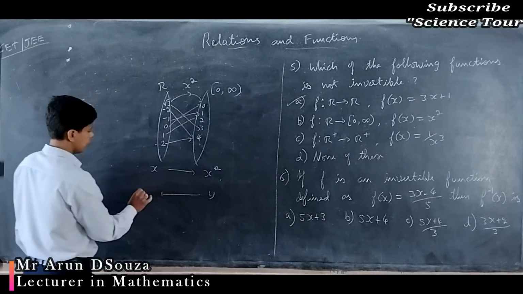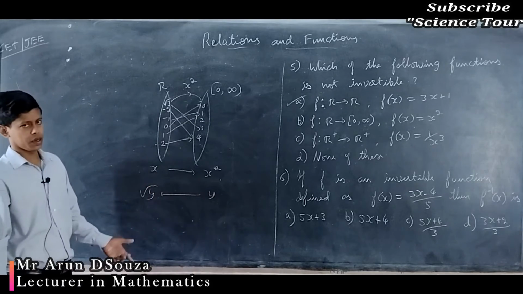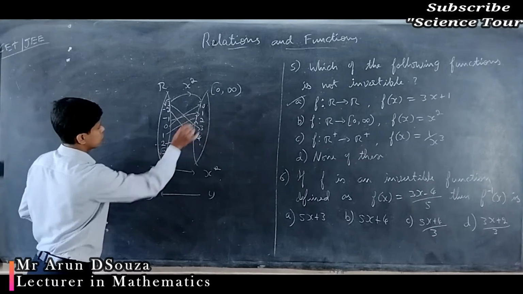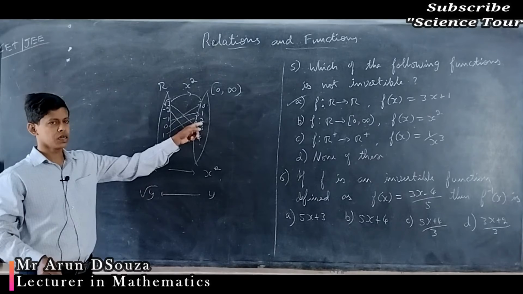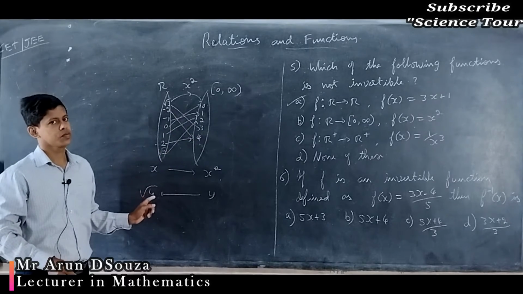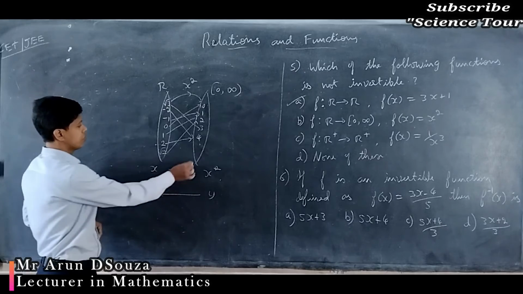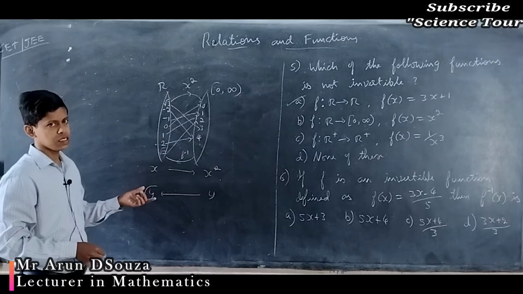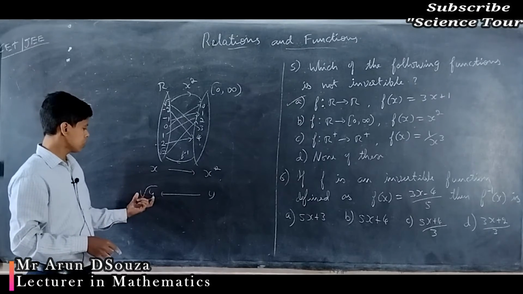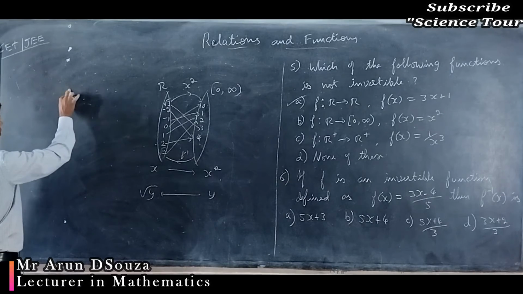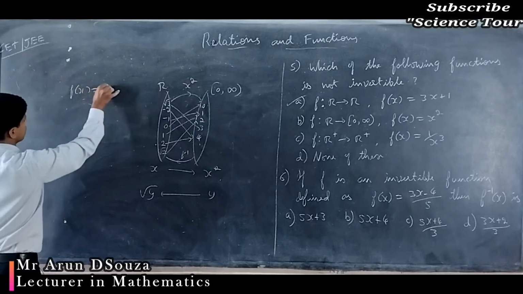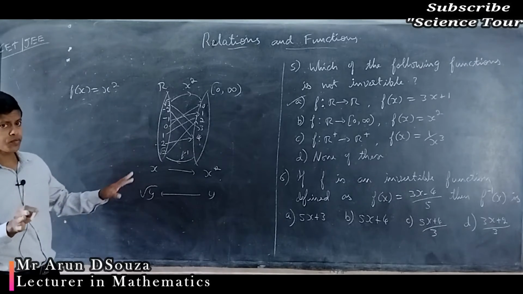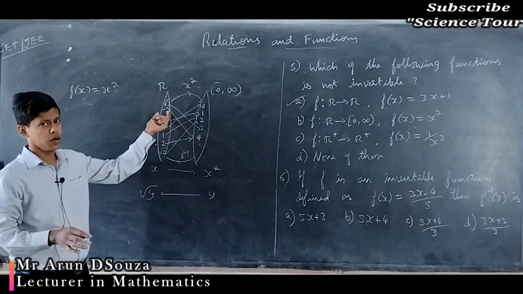If you have y, when it comes back it is root y, correct? Okay, so root 2 will go to 2. So if you have y here, then root y will be here, correct? So that is the inverse function, f inverse. Does it exist? Yes. And do you think root y is defined? See, what is f of x? f of x is x square. If you are following the onto method, see, is it one-one? Yes, it is one-one.